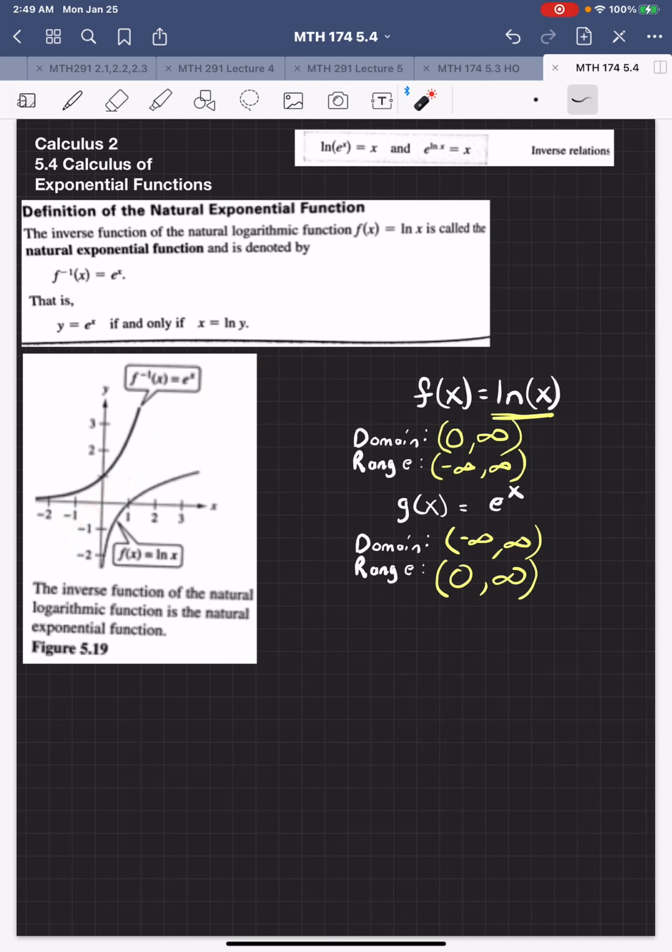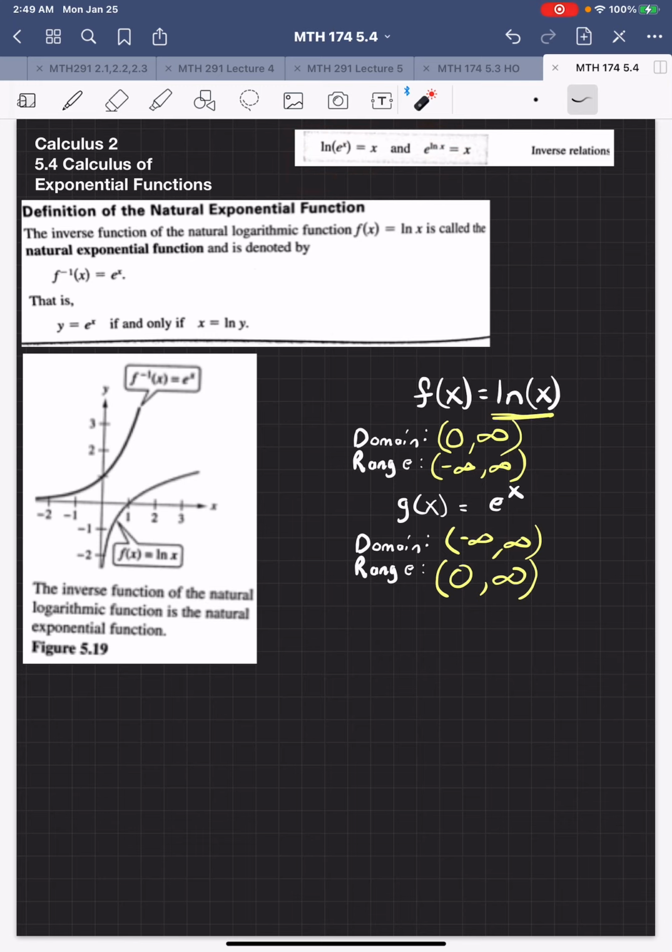Okay, now what is the point of this? The point is just the definition of the natural exponential function, e to the x, and what we're stating is that they are indeed inverses.